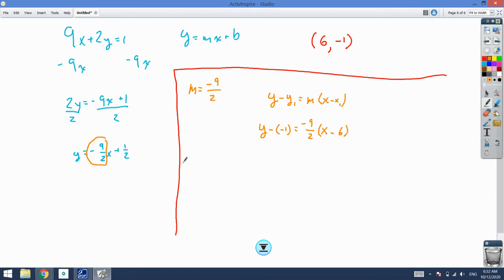To simplify it a little further, y plus 1 equals negative 9 over 2 times x minus 6. And there you go, there it is in point slope form. If you want to get into slope intercept form, you can do a little bit more algebra to simplify. Distribute the negative 9 over 2.